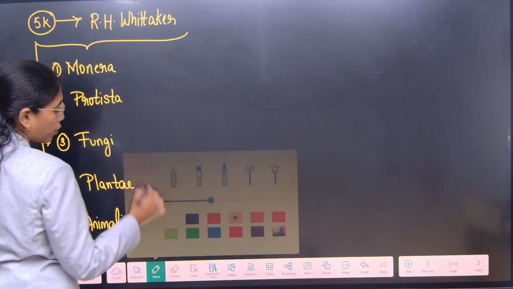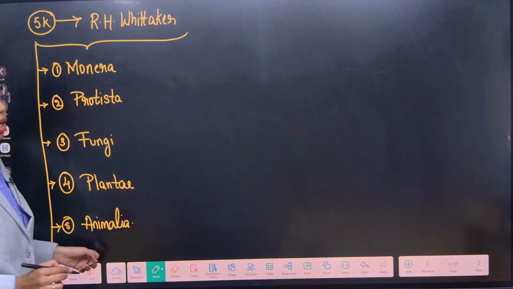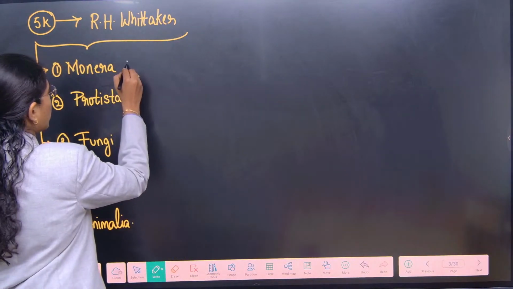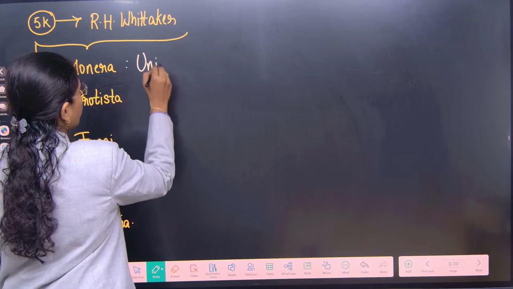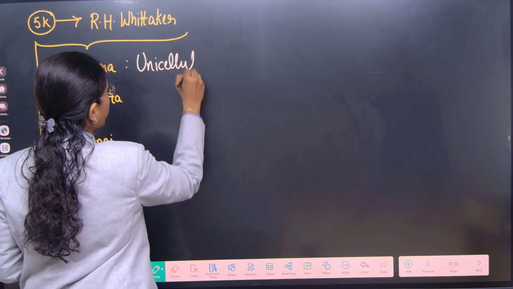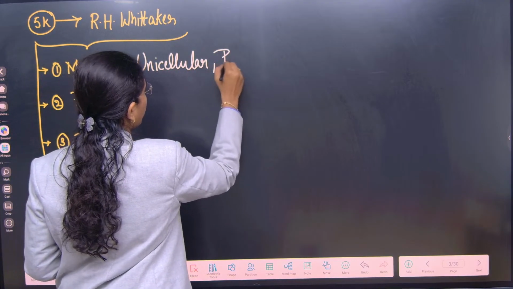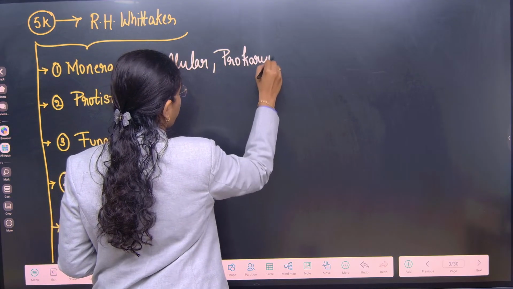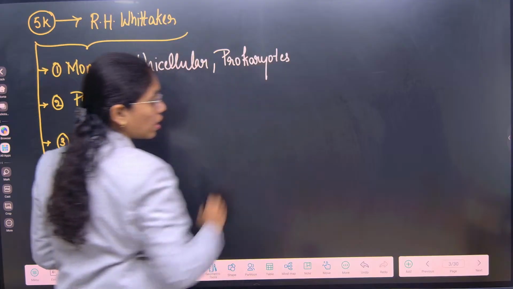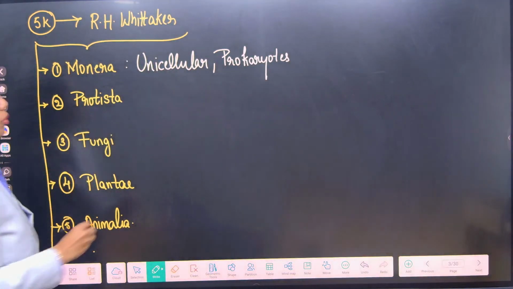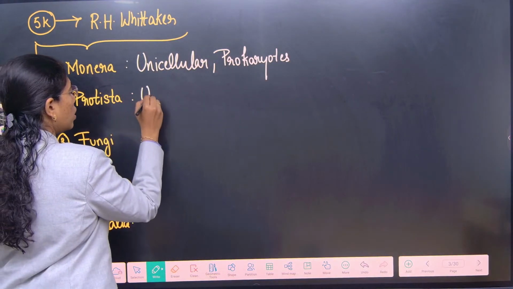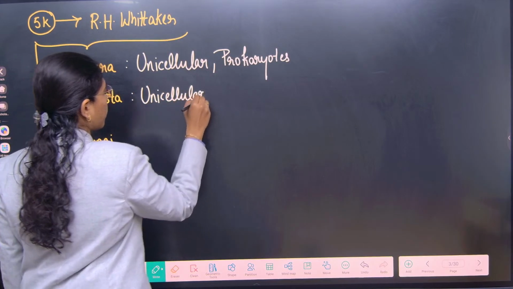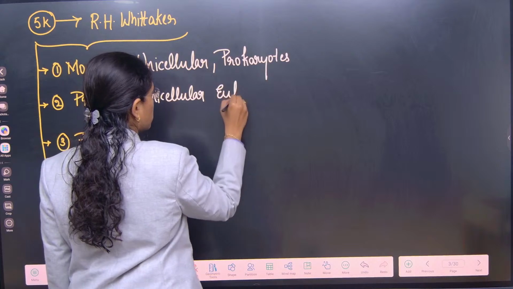Kingdom Monera includes all those organisms which are unicellular and prokaryotic, unicellular prokaryotes. Whereas under Protista, it includes all the unicellular eukaryotes.